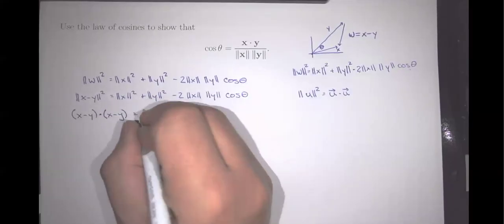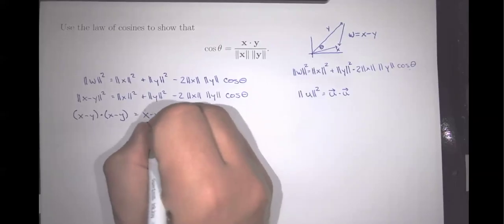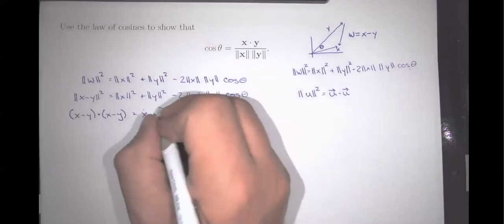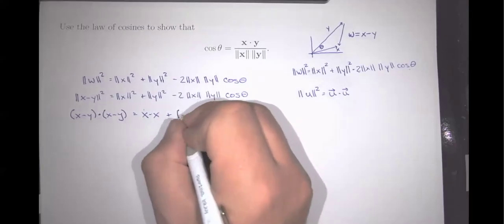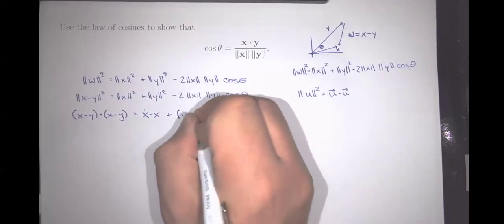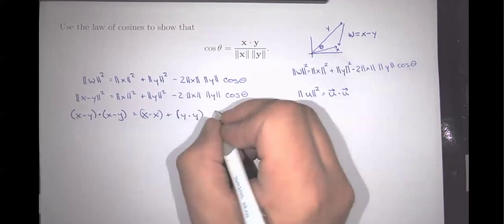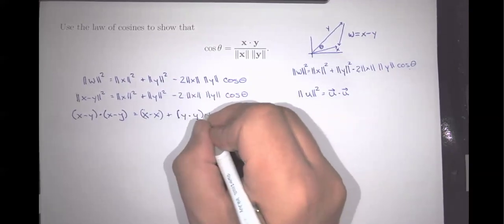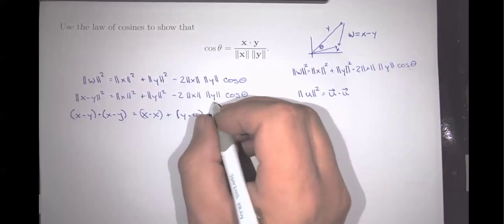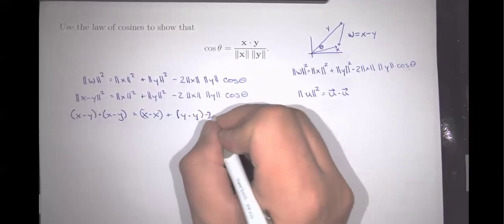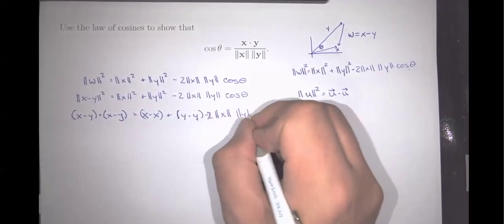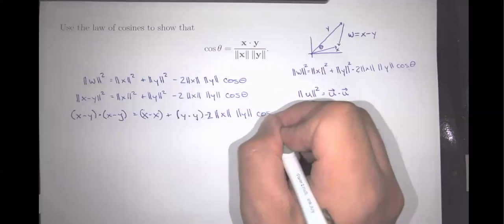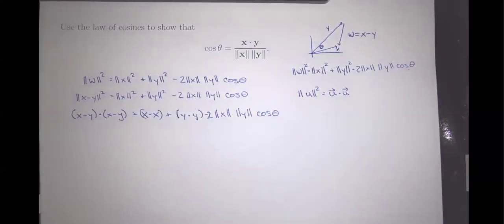Here we've got x dotted with x. These are all vectors, of course, plus y dotted with y, minus 2 length of x, length of y, cos theta, just for the time being.